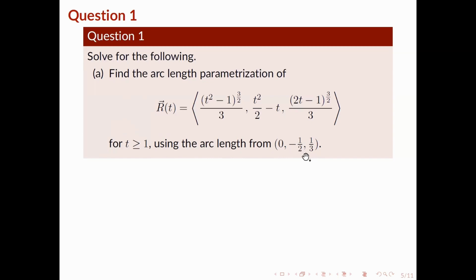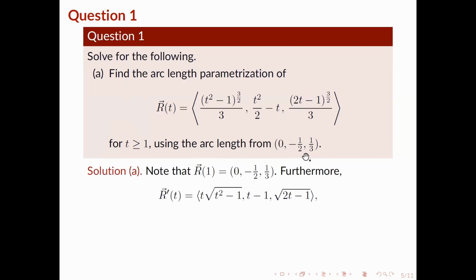For the solution, we first note that this initial point is given by R of 1. So if you go back to the definition of the arc length parametrization, you would say that t naught is equal to 1, because this is the input value which gives us the initial point.